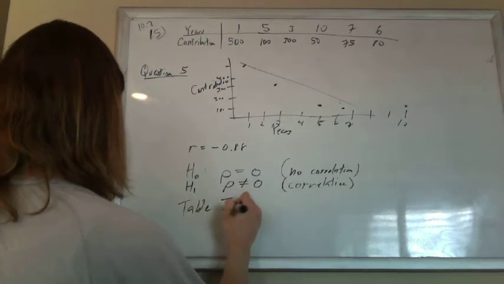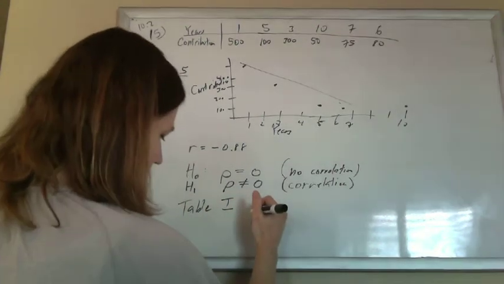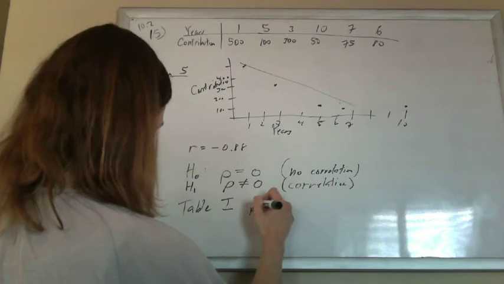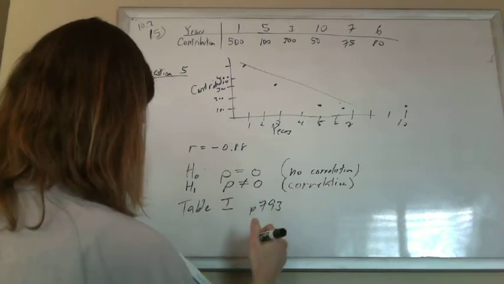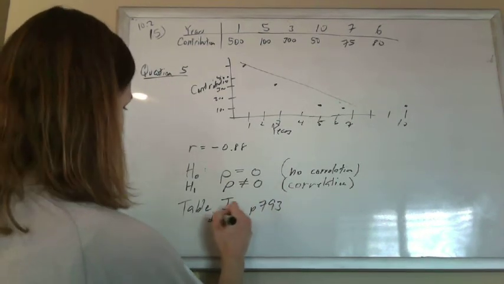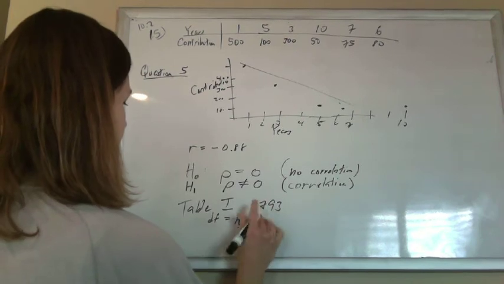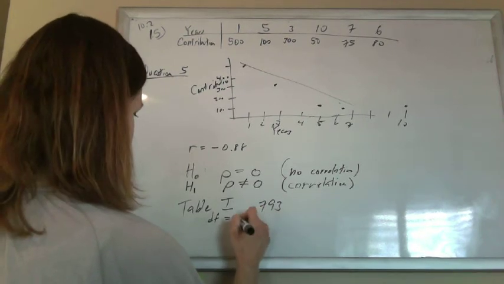I got it marked as chapter 10 on there. You see that? The graph they use for chapter 10. Nice. Page 793. And so your degrees of freedom is always your sample size minus 2. It even says it on the chart.